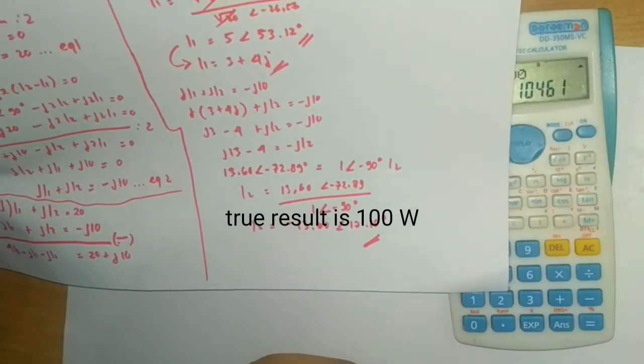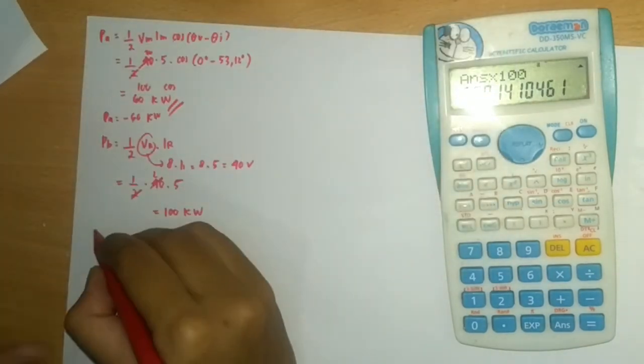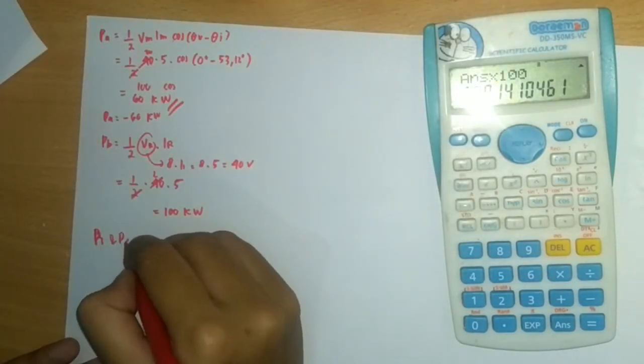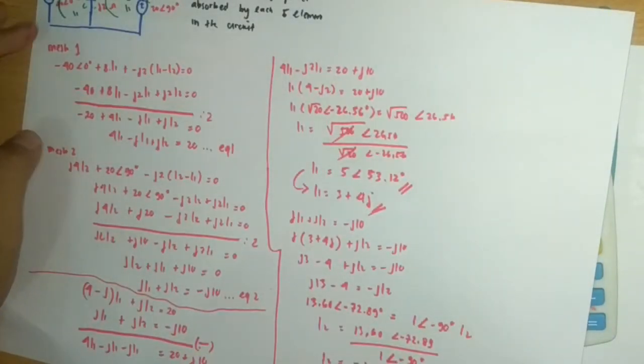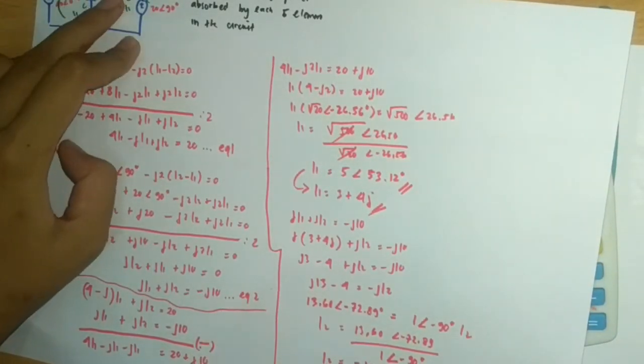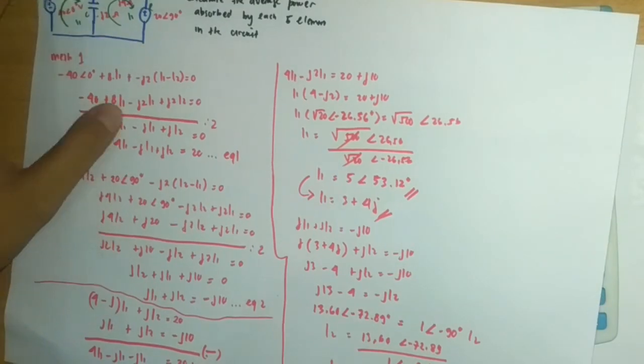And now we go to the third and fourth. P3 and P4 are 0 watts because the average power through the capacitor and inductor is always 0.